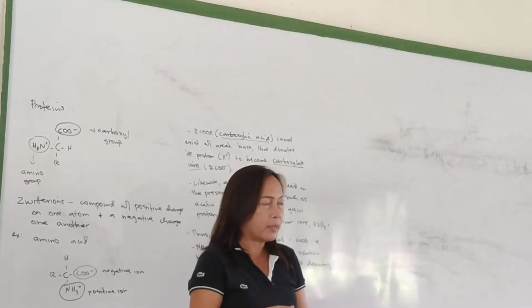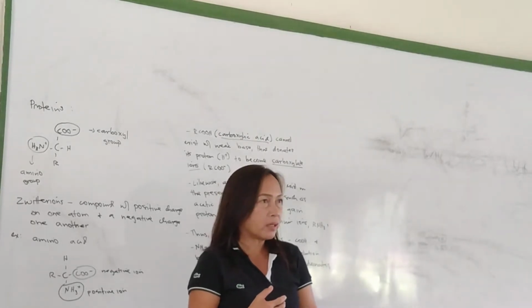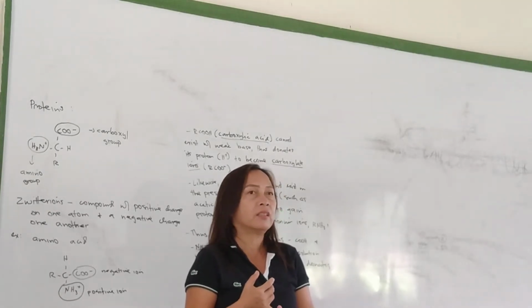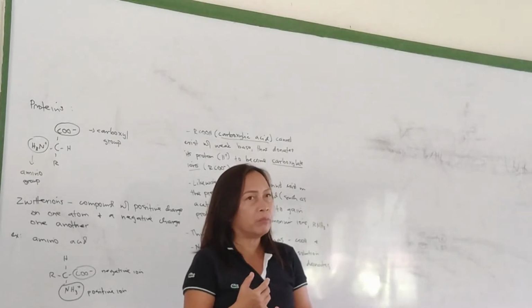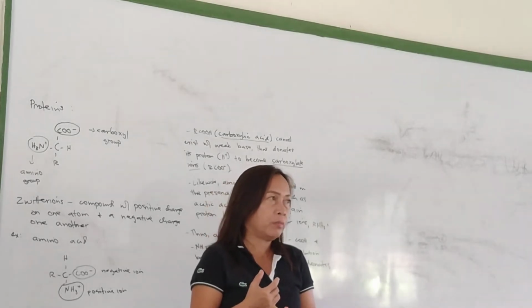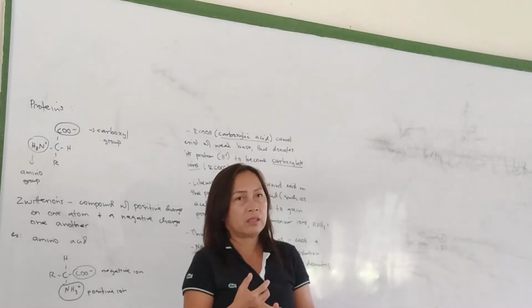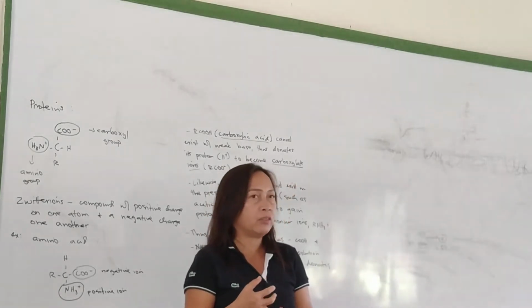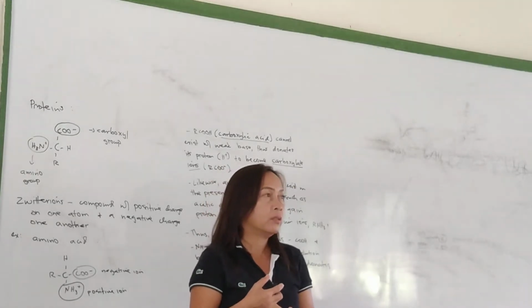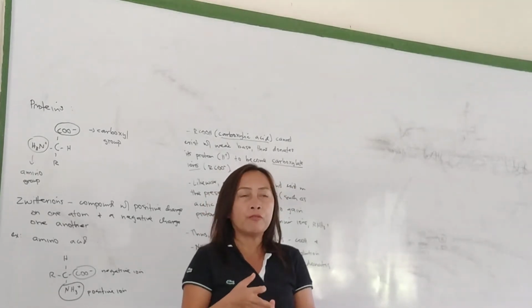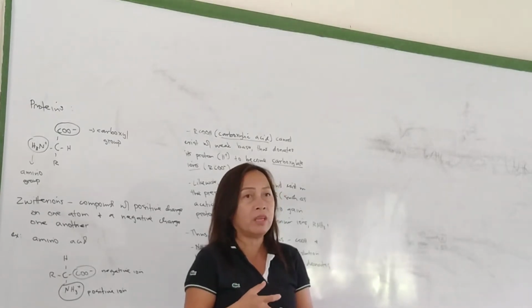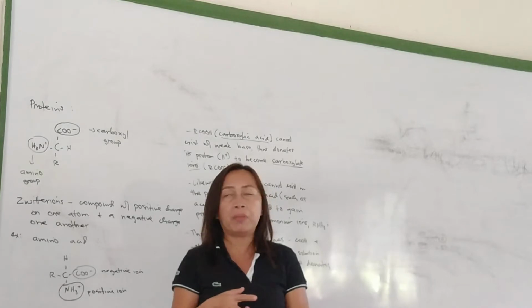For carbohydrates, the building blocks are monosaccharides, held together by what bond? Glycosidic bond. For lipids, glycerol and fatty acids held together by ester bond. Now for proteins, they are made up of amino acids as their building blocks held together by peptide bond.